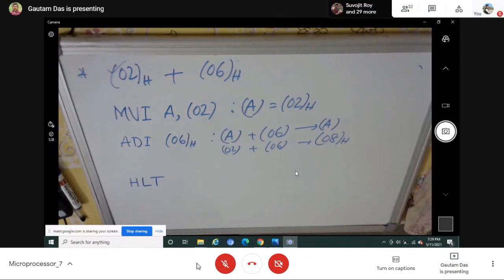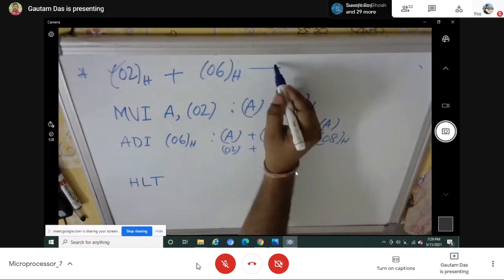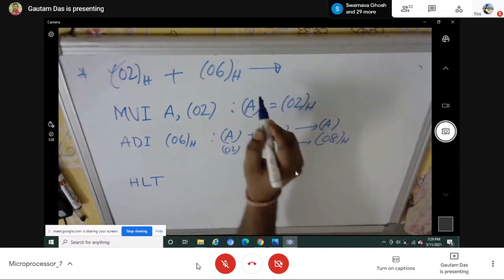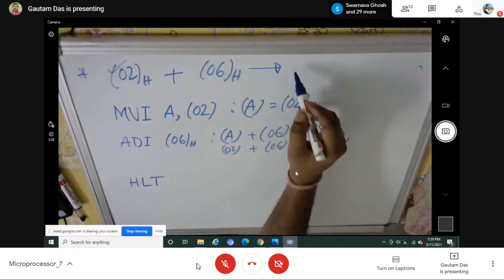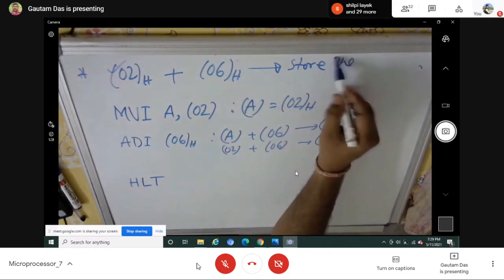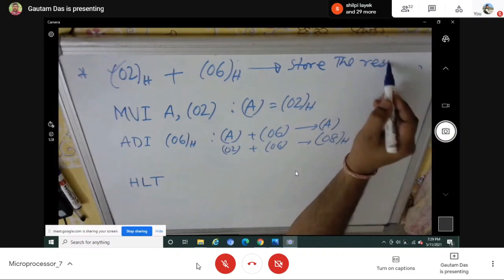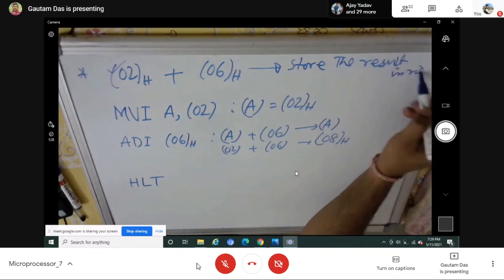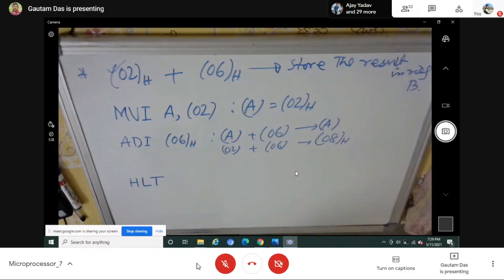Suppose the program is given in such a way that after addition you have been told to store the result in a register, say B. You have been told to write a program to add 02 and 06 and store the result in register B. So what other instruction do I have to add to store the result, because the addition operation is already performed?